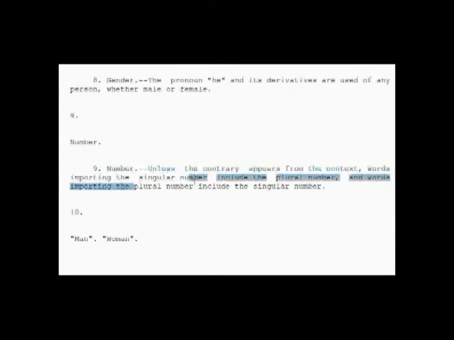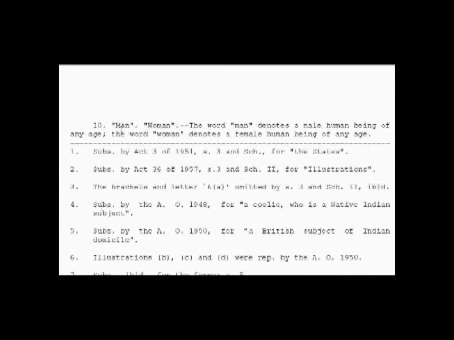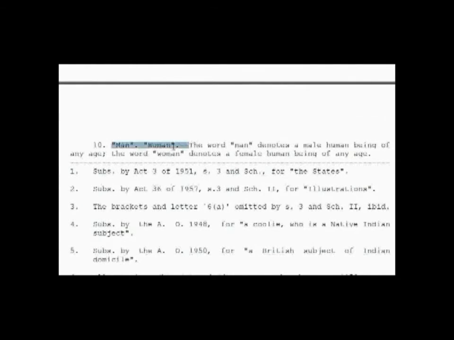The singular number includes the plural, and words importing the plural number include the singular as well, unless the contrary appears from the context. That means if different language appears in the context, this provision can be set aside. Section 10 talks about man and woman. Man includes a male human being of any age, and woman includes a female human being of any age.